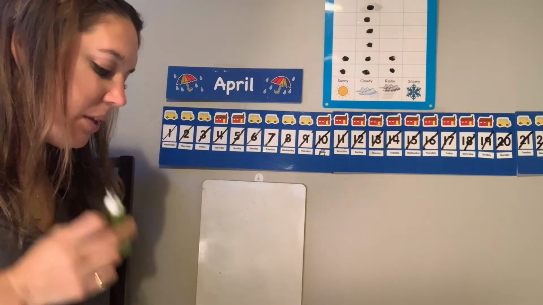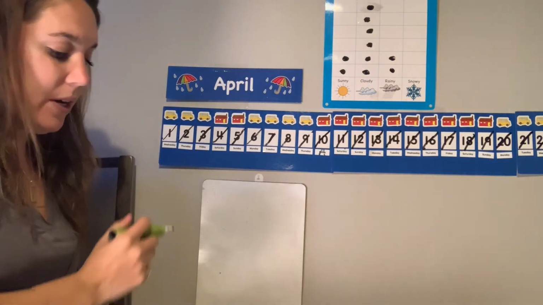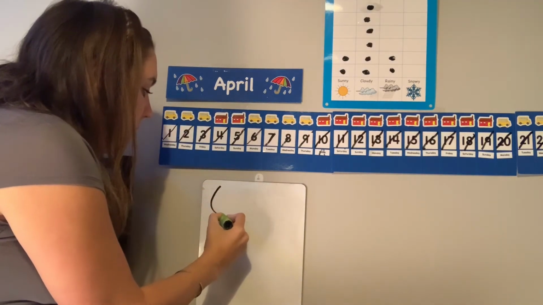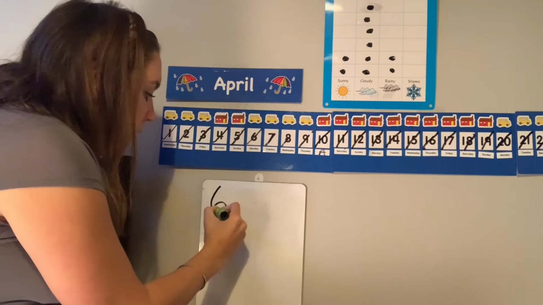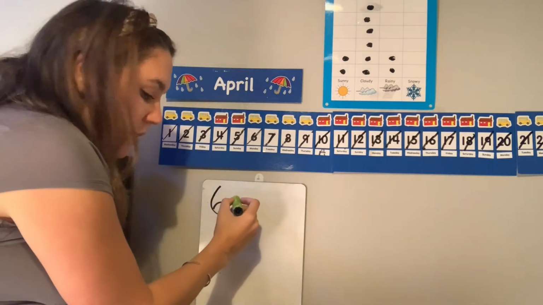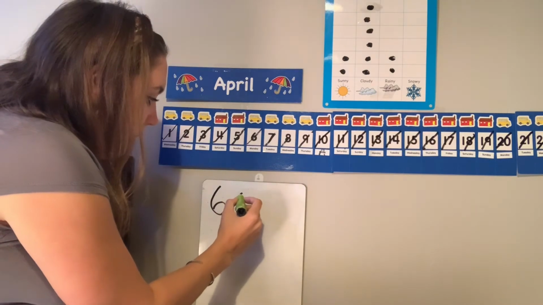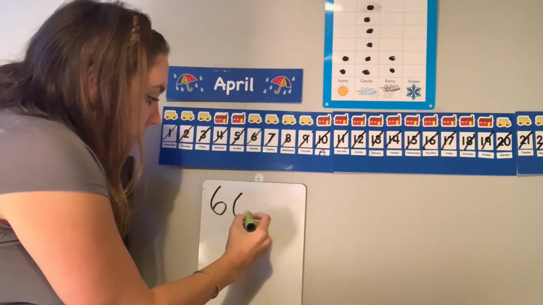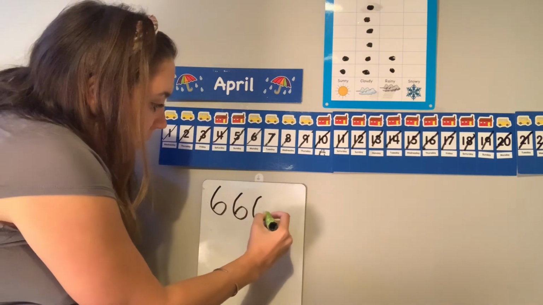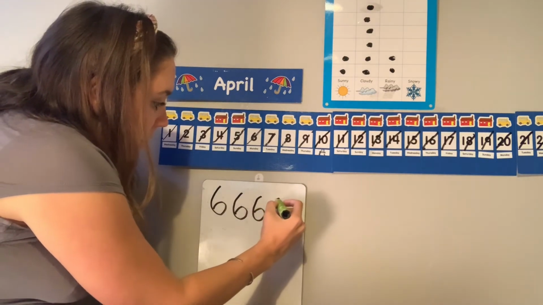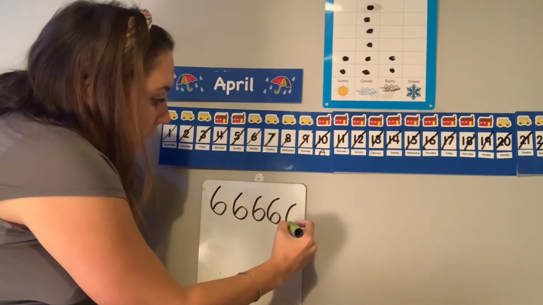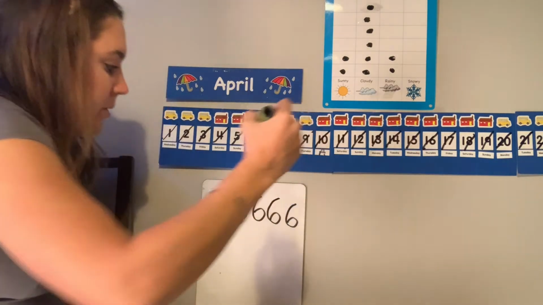Okay. Now, for this one, we're going to go around, curve up, close. So you're going to close your curve. So we're going to go around, curve up, close, around, curve up, close.